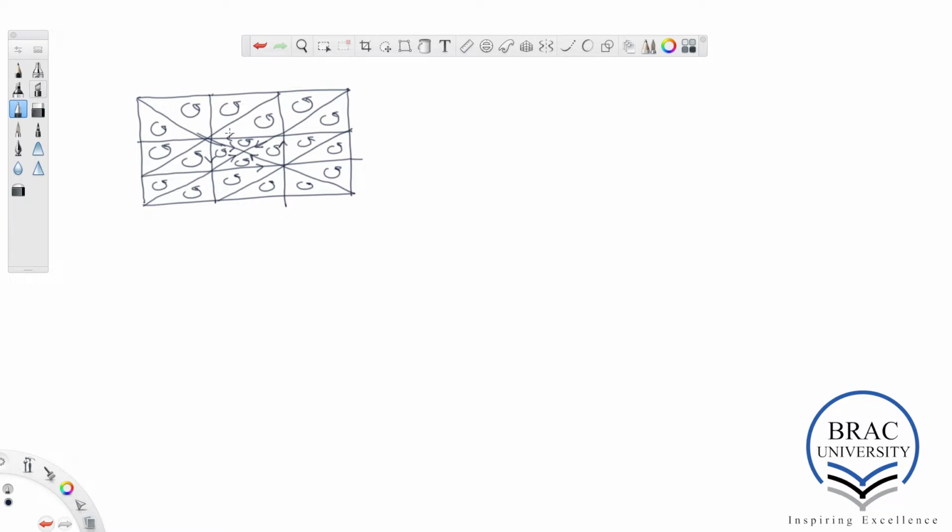Okay, so let me zoom in on the central rectangle here, which looks like this.